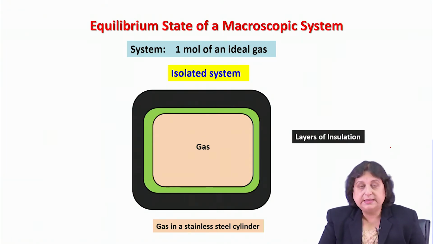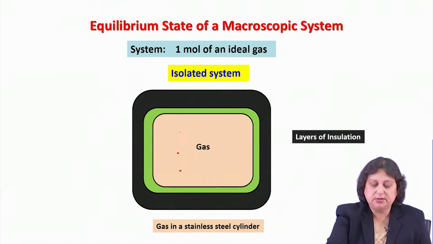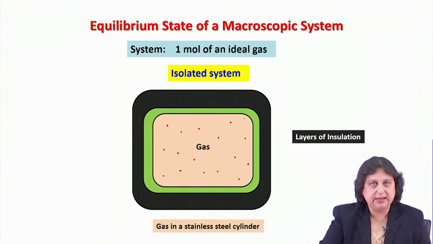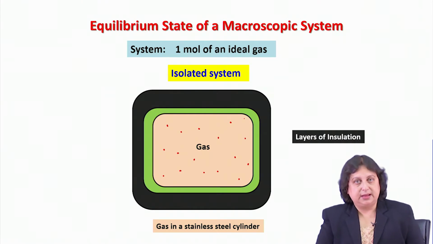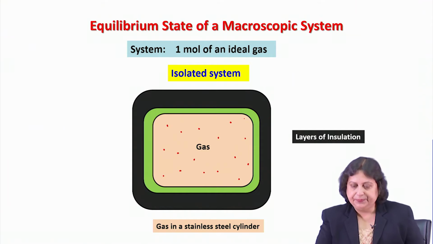And now, as I understand, the gas molecules are present over here. We cannot see these gas molecules with our naked eyes, but they are there. I can weigh the gas cylinder before and after putting the gas in it and find out the number of molecules of gas which are present in the cylinder.